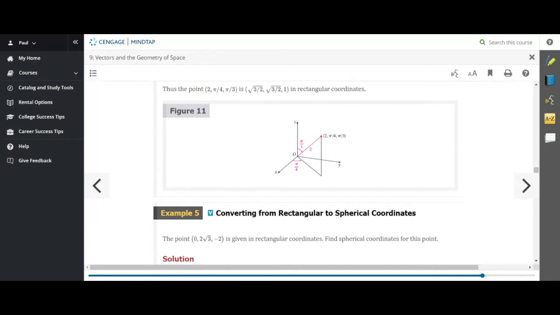Basically, you're measuring from the positive z-axis. Okay, hold on.